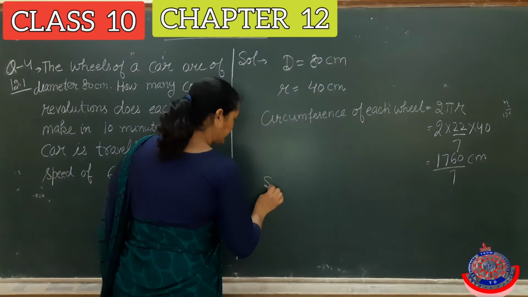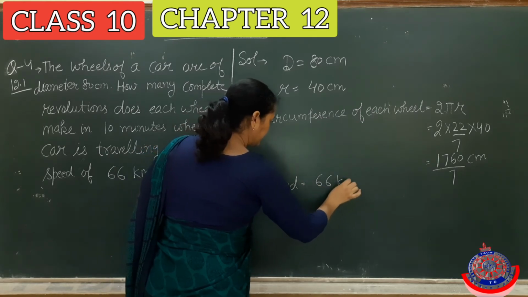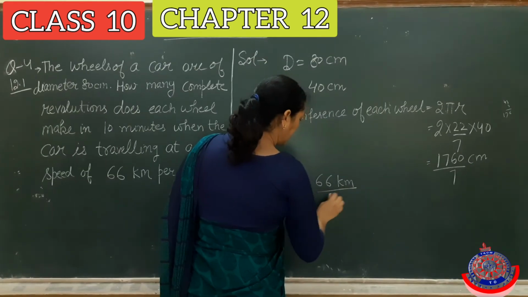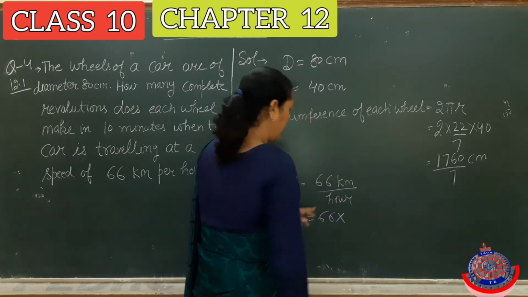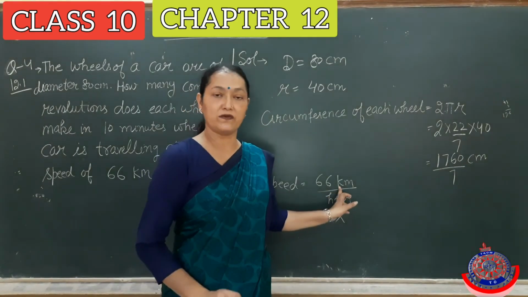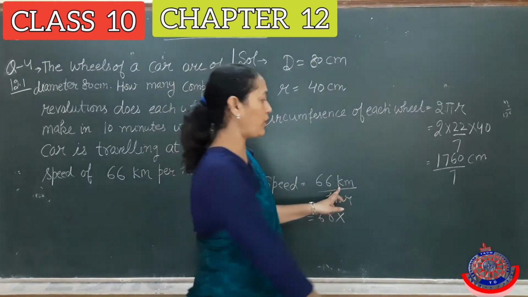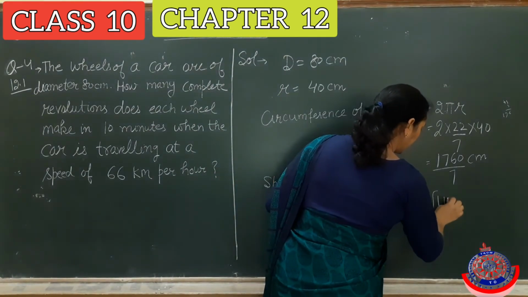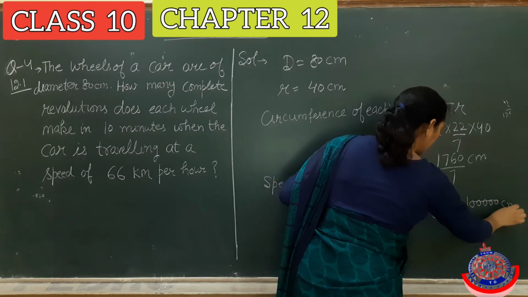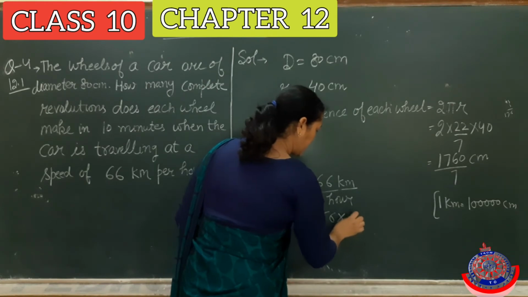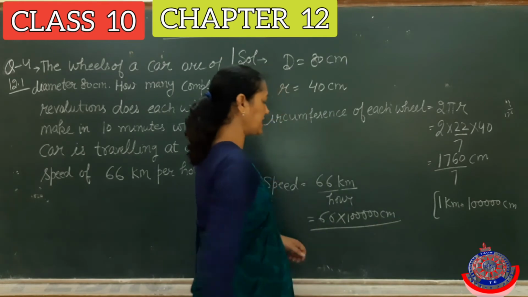Speed is 66 kilometer per hour. 1 kilometer equals 1000 meter, and then 1 meter equals 100 centimeter. That means 1 kilometer is equal to 1 lakh centimeter. So instead of kilometer, we will be writing 1 lakh centimeter.